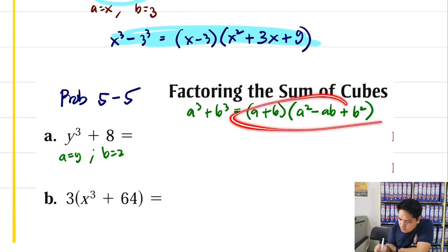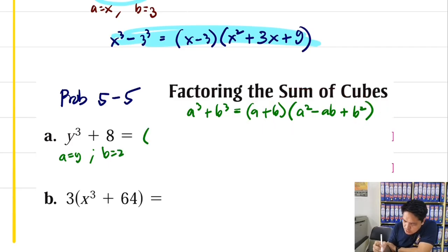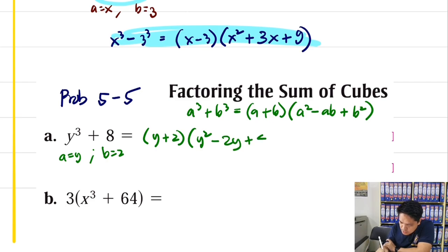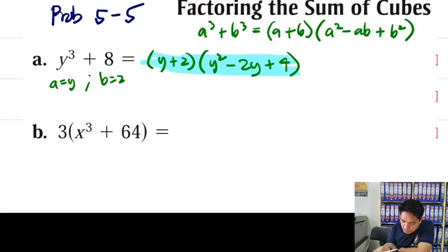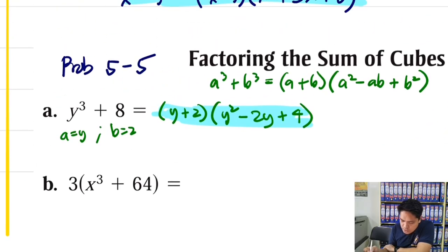So following this factorization, therefore the answer for this is y plus 2 times y squared minus 2y plus 4. So this is now the complete factorization. Very easy.